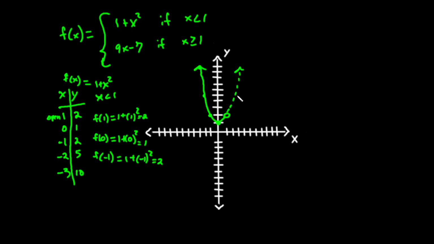We didn't include that part because x had to be less than 1. Here's where x is 1. Anything less than 1 is what's going to be solid. But over here, it is not solid after that point. So we would not include that. We have to start wherever we said we were going to start, at 1.